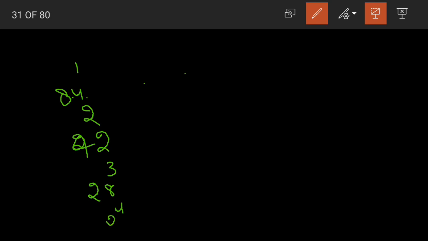We have 4 21s are, yes, then it will not come in 5 table. It's divisible by 6. 6 1s are 6, 6 4s are 24. It is divisible by 7 as well. 7 1s are 7, 7 2s are 14. Now will it come in 8th table? No. Will it come in 9th table? No, it will not come in 9th table as well.